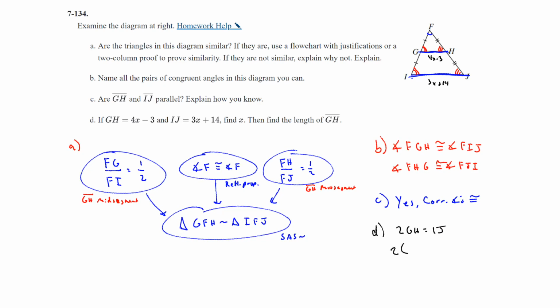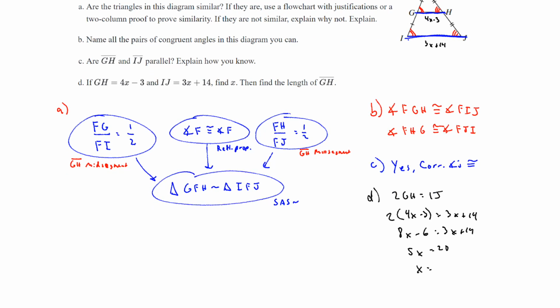So therefore, 2 times 4x minus 3 is equal to 3x plus 14. 8x minus 6 equals 3x plus 14. Subtract 3x, add 6. And therefore, it looks like x is going to be equal to 4.